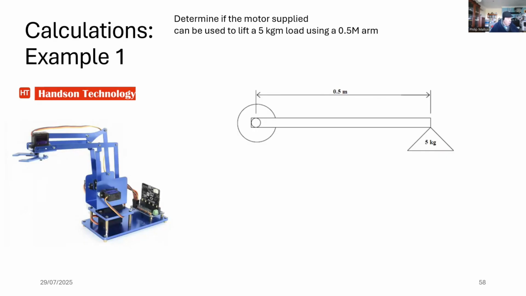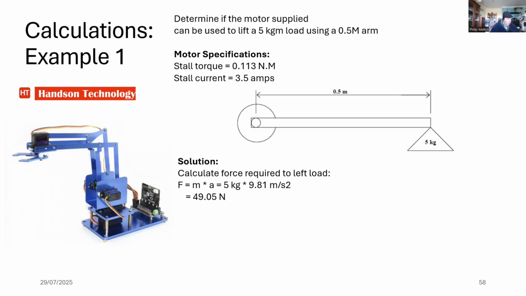What we want to do is move that using a 500 millimeter arm. We start off by looking at what motor has been supplied, and the problem is: is this motor good enough for the job to lift that load?